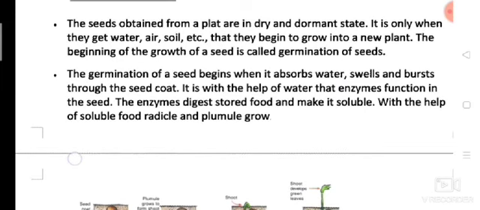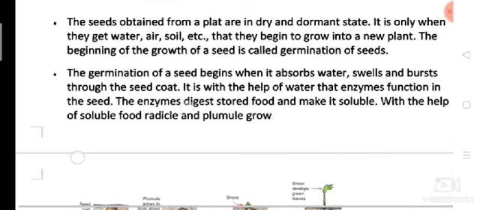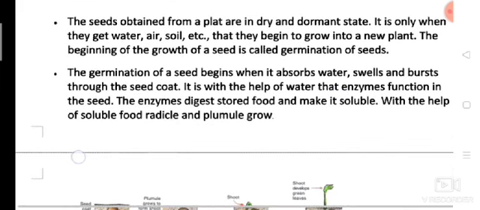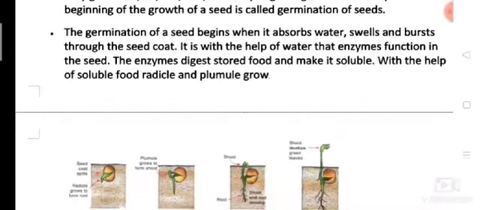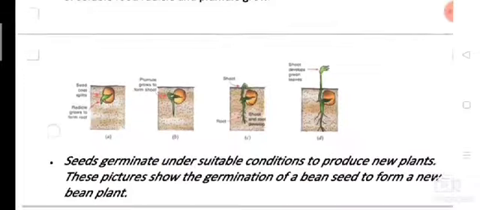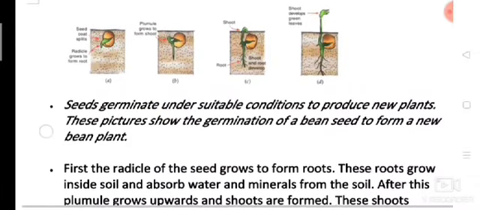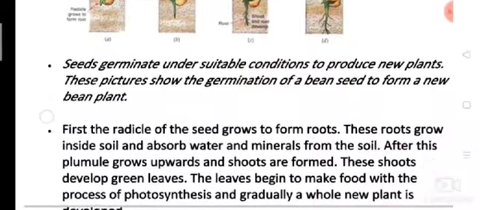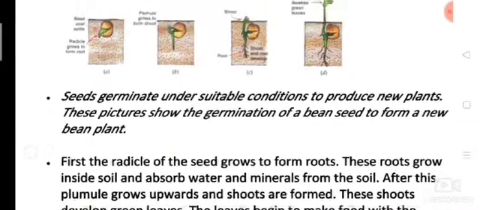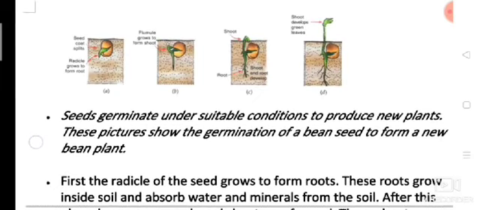It is with the help of water that enzymes function in the seed. The enzymes digest stored food and make it soluble. With the help of soluble food, the radicle and plumule grow. See the picture: seed germination under suitable conditions to produce a new plant.